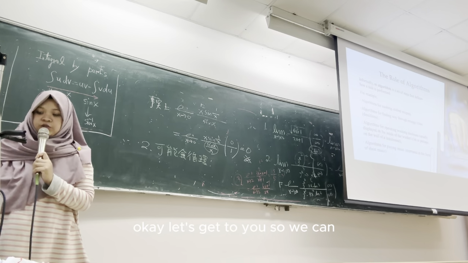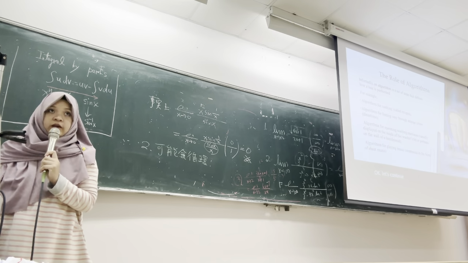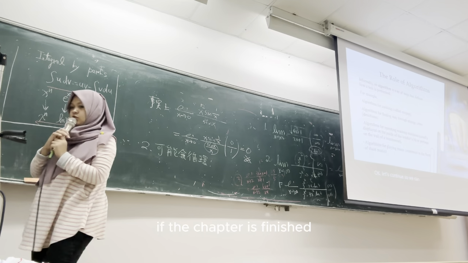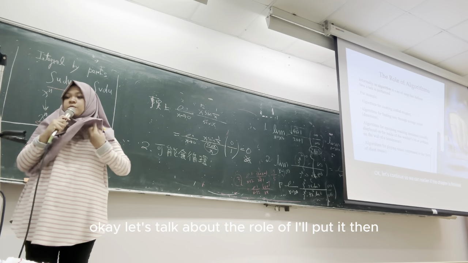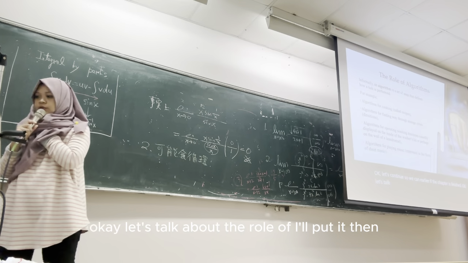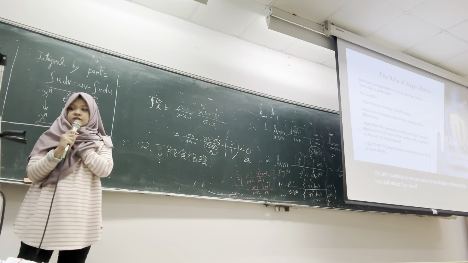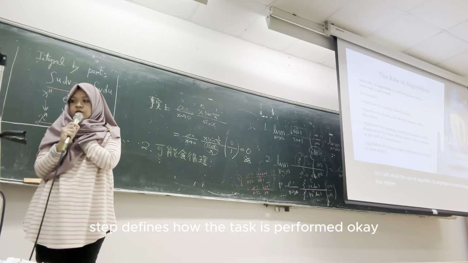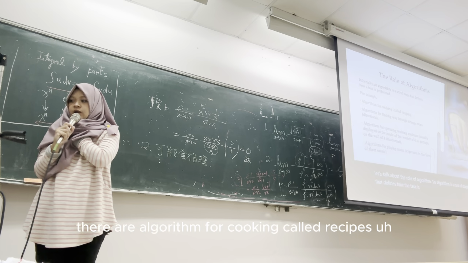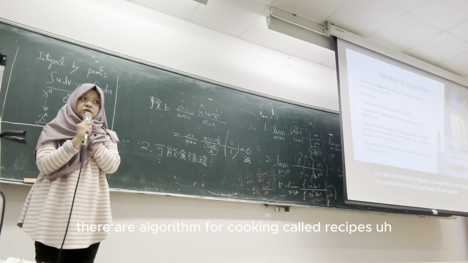Okay, let's continue so we can finish earlier if the chapter is finished. Let's talk about the role of algorithm. Algorithm is a set of steps that defines how the task is performed. For example, there are algorithms for cooking called recipes.